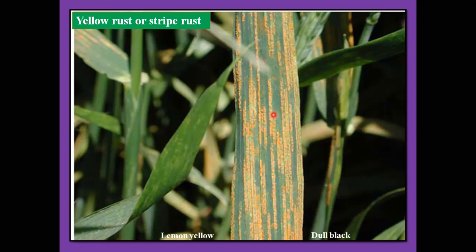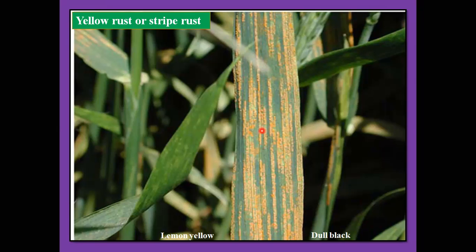Initially, bright yellow pustules or uredopustules appear on the leaf at the early stage of the crop, and the pustules are arranged in linear row patterns or stripe patterns.